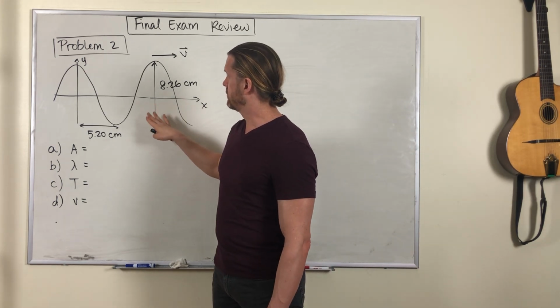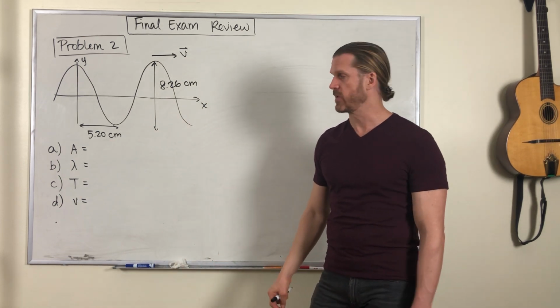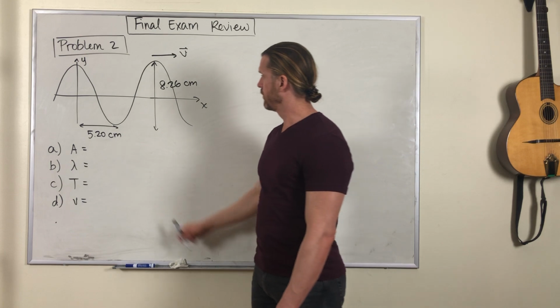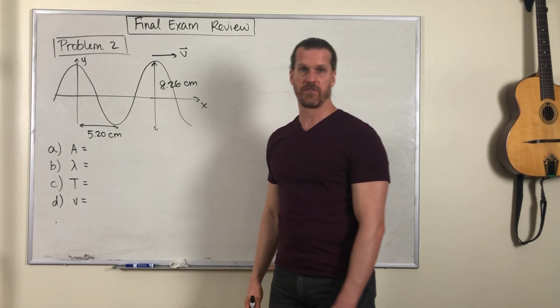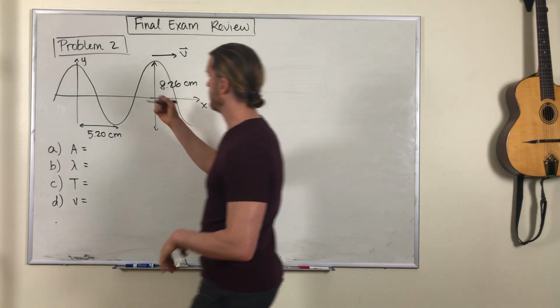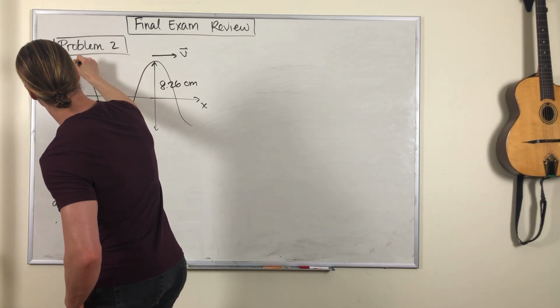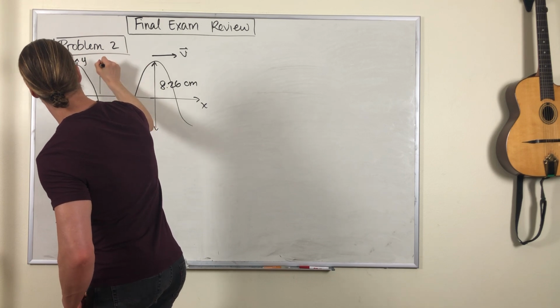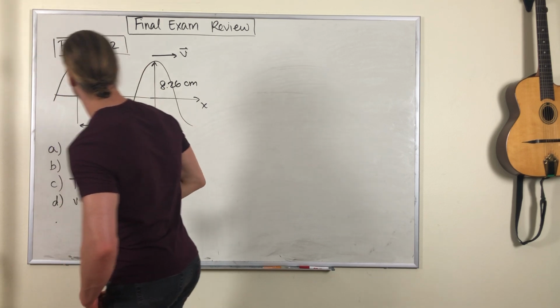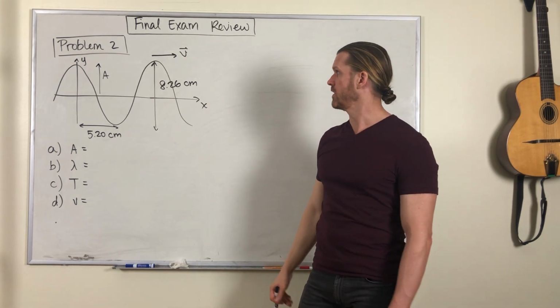And we're going to determine some of these properties of the wave. So first of all, let's figure out the amplitude. Now remember, the amplitude of a wave is the distance from the equilibrium point to a peak, to the maximum height.